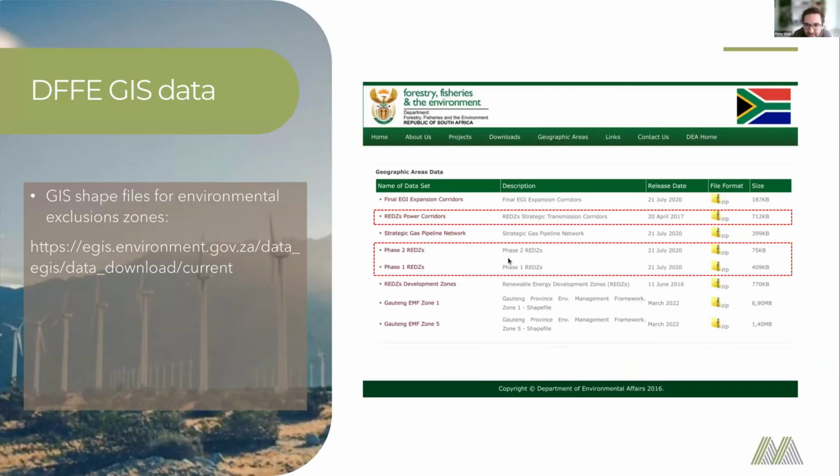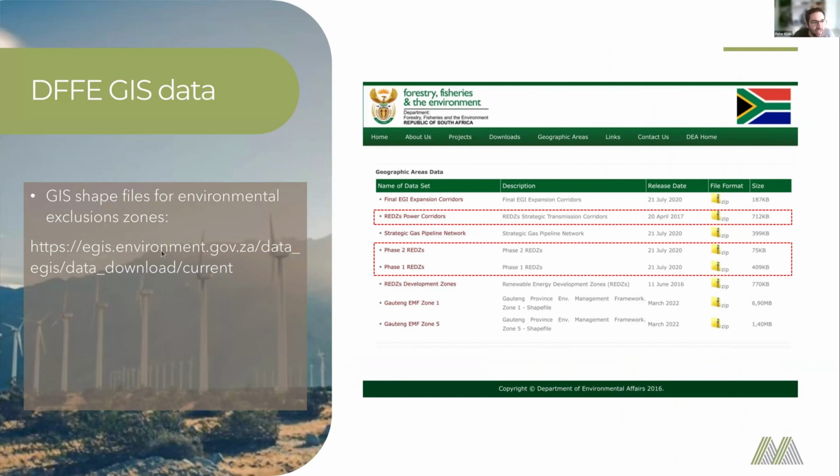So, some of the data that you will need to download to be able to use the model. Now we're talking specifically about the solar and wind generation portions. The first is GIS data from the DFFE, and you just have to register on their website.